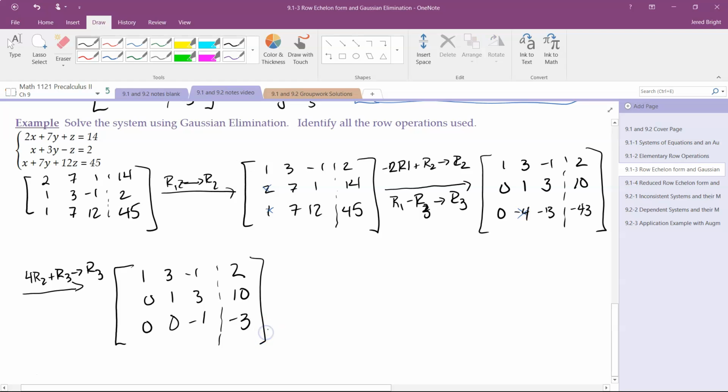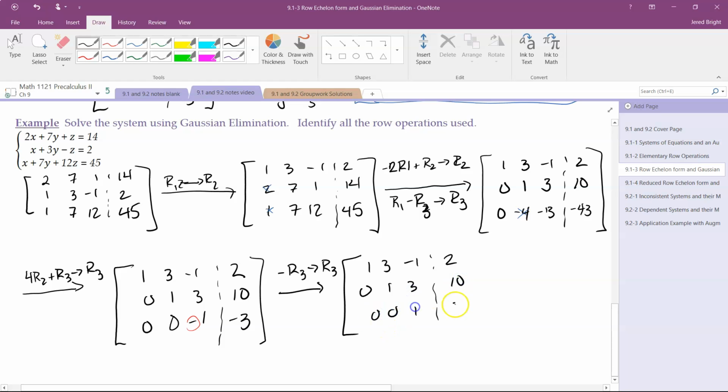Okay, and now this is not in row echelon form, right? I have that negative in there, so the last row operation that I'm going to do here is negative row 3 into row 3. And I get the matrix here, 0, 0, 1, 3.